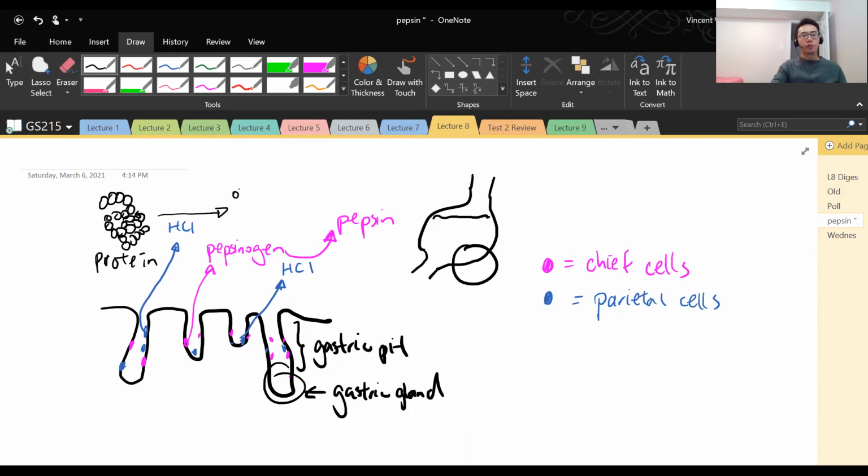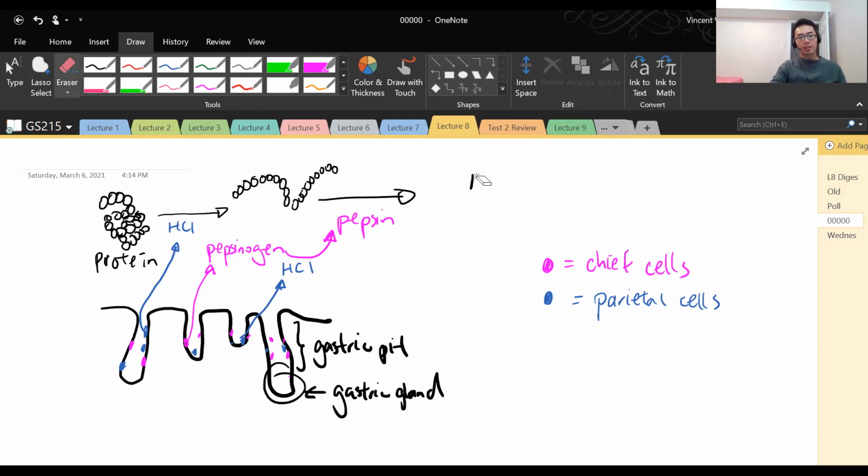It's going to unfold it, unravel it, so that it becomes a long strand with just its primary structure. And then the pepsin, which is an enzyme, is going to chop it up into small strands of amino acids or individual amino acids.